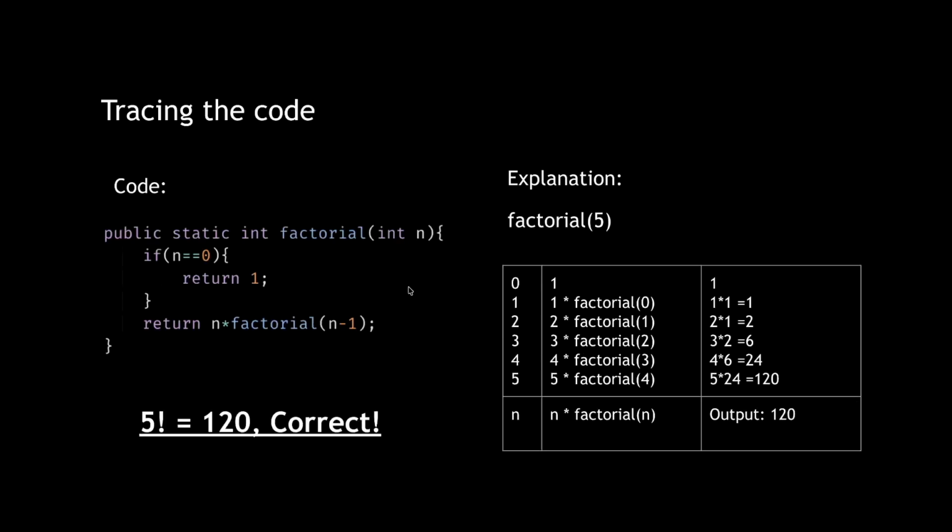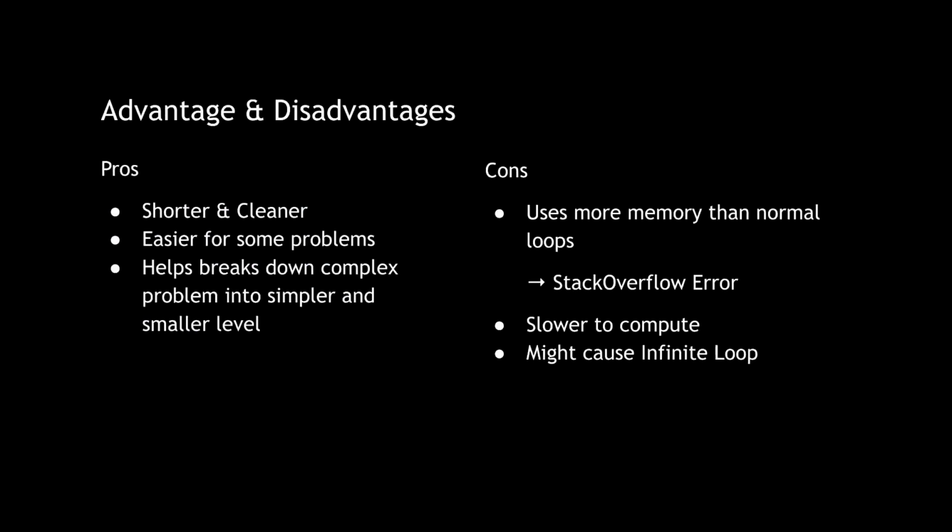So this program works. Now I want to talk about the advantages and disadvantages of using recursion. Some advantages are that it's shorter and cleaner code. If we use a for loop or while loop for factorial, it would take more lines than the recursion. So in some problems, it's much easier to write recursively.